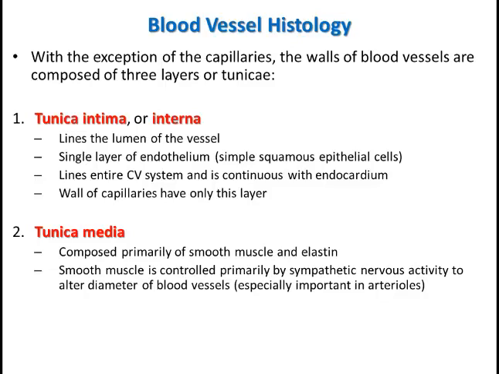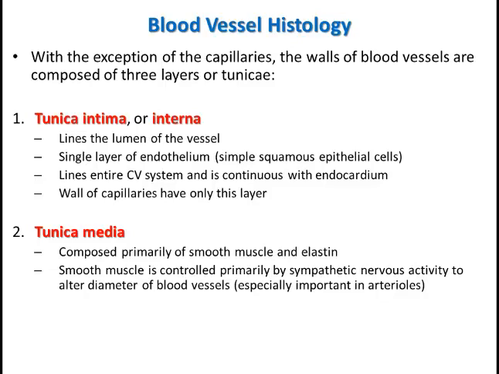We'll refer to this quite a bit as we move through the course, and certainly when we talk about blood pressure control. Now, the elastic component is important, especially on the arterial side. As the blood fills the arteries, it allows them to expand and then recoil and help propel the blood through the circulation.